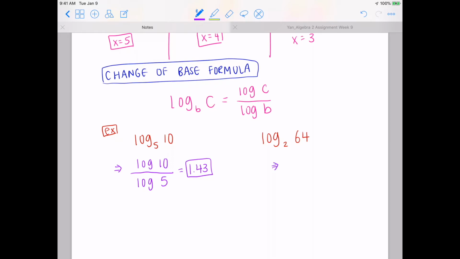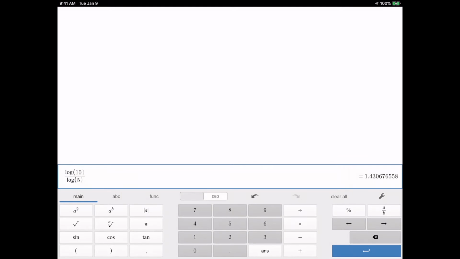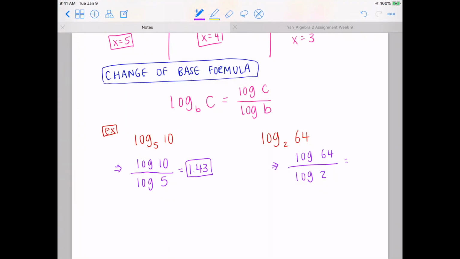And then the next one, again, we're going to do log 64 over log 2. We can just change the numbers inside to 64 and 2. This is 6, and it's really because 2 to the 6th power is 64.